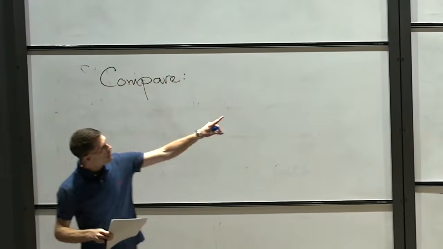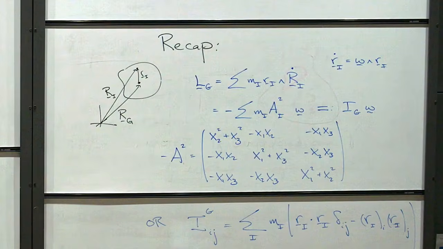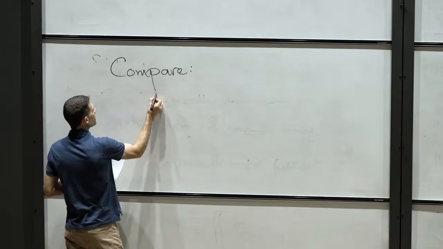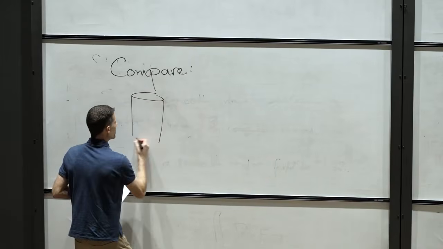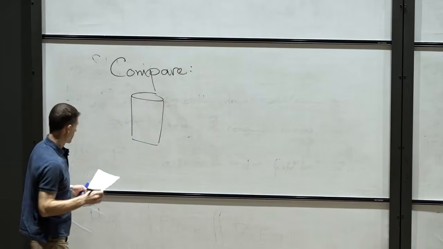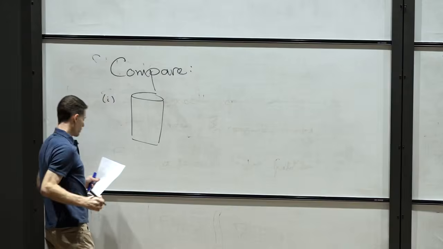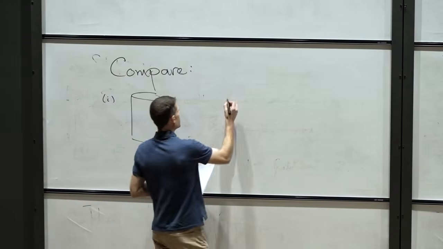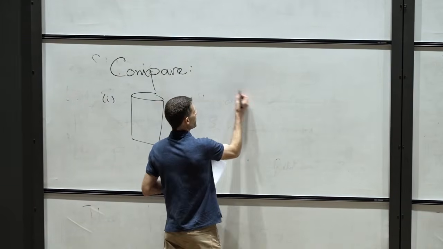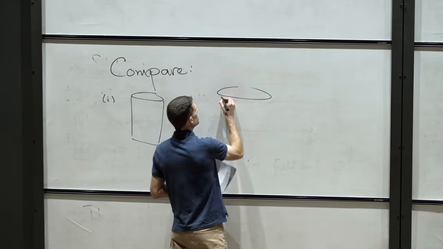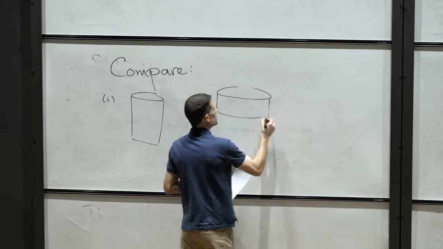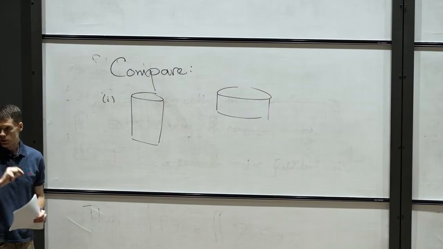Looking at that A matrix, we'll just focus on the diagonal terms, those are the most important ones, at least in our context. Let's suppose I have a cylinder. I'm going to draw two different cylinders. Let's call this cylinder 1, and cylinder 2, suppose it has the same total mass, but it's a bit wider and shorter.